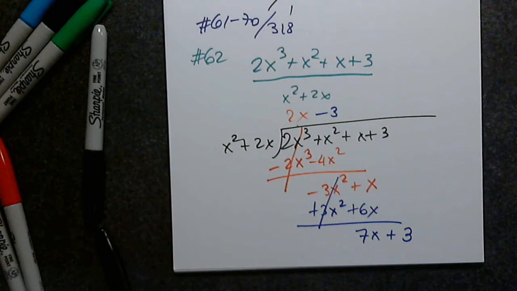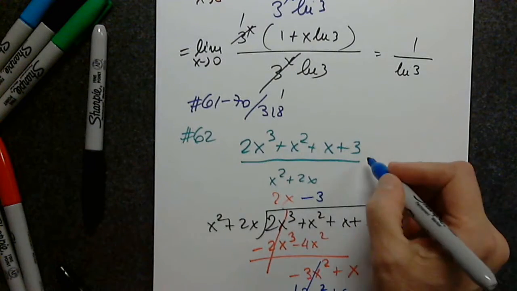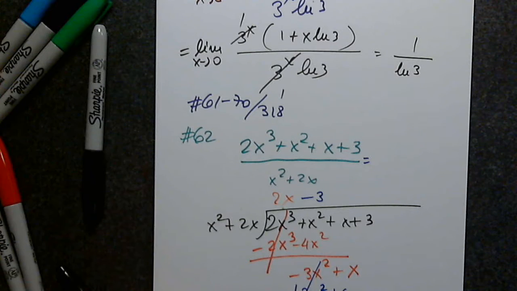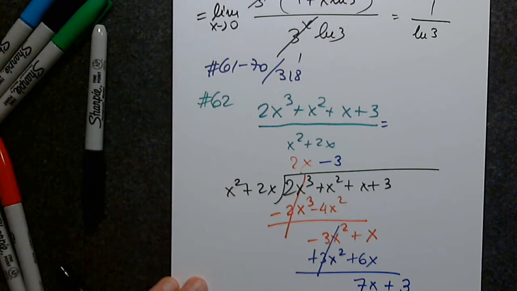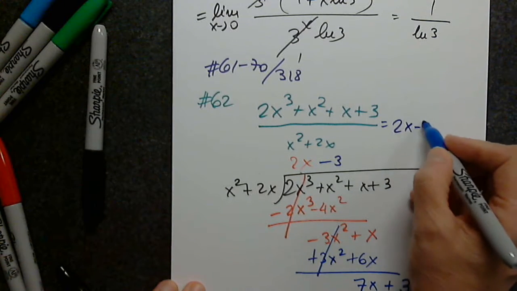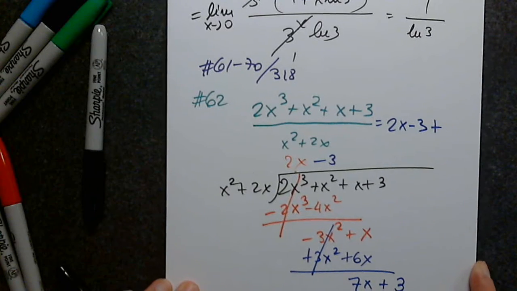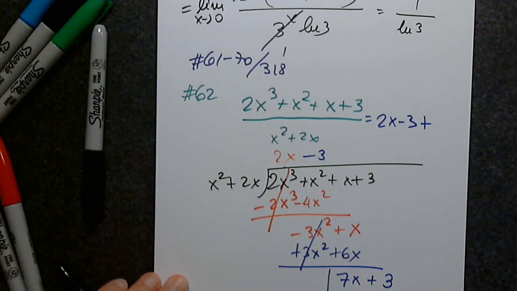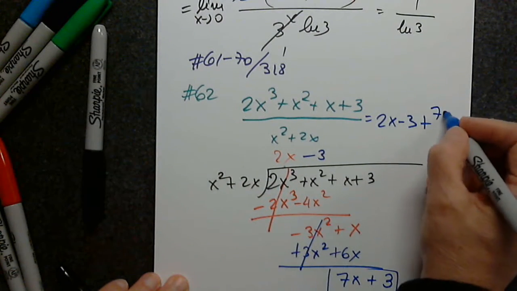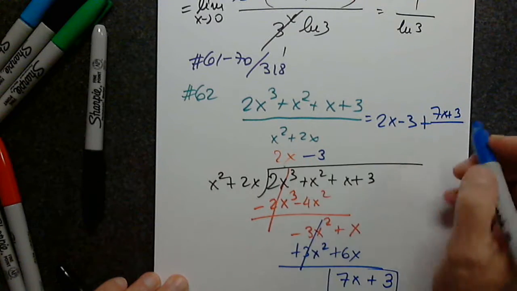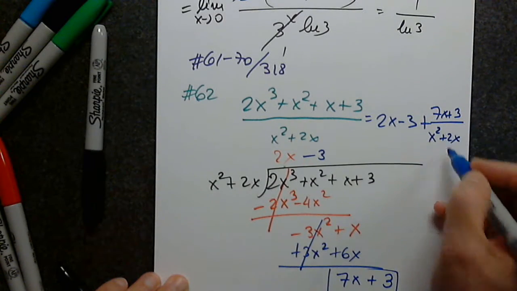X squared times what is 7x? I can't. So then this function can be replaced by, can anyone tell us by what? Right, 2x minus 3, but plus what? Yes, 7x plus 3 over the divisor.